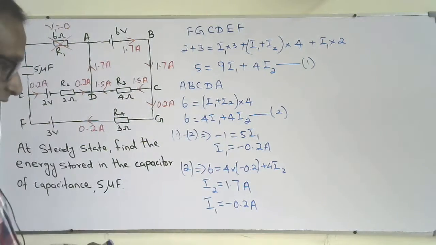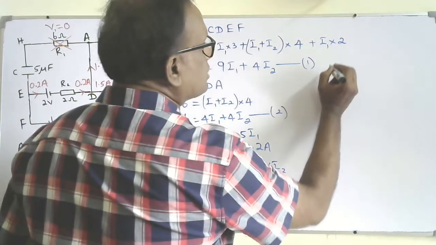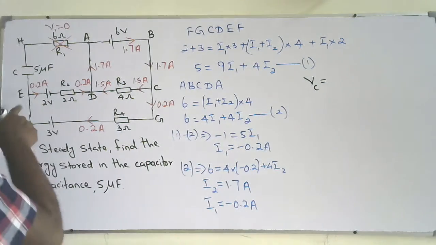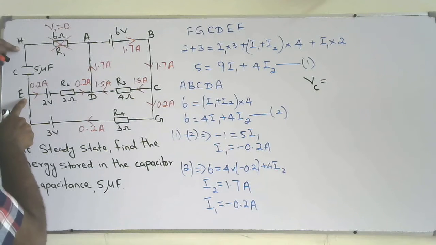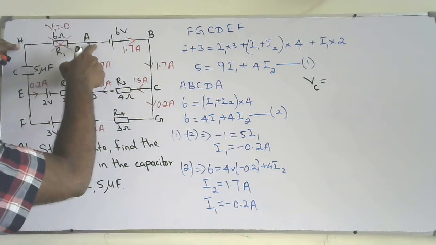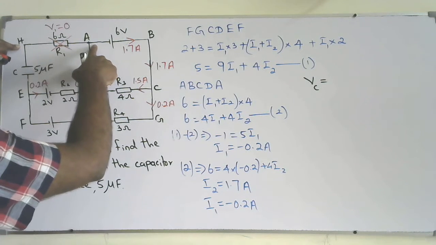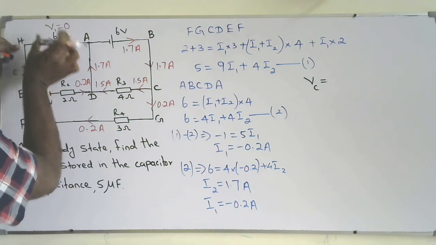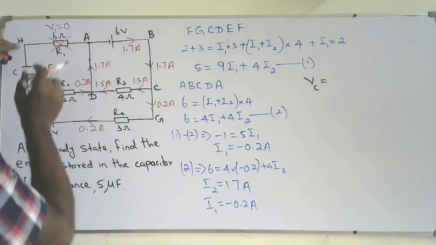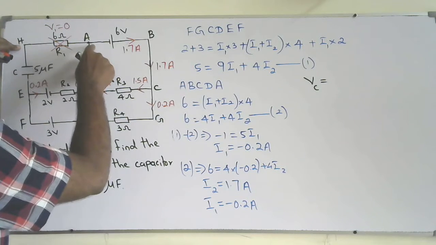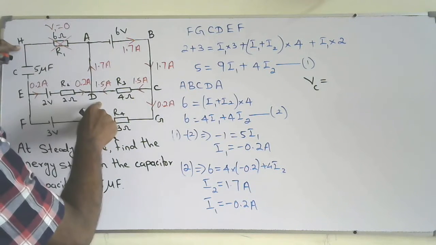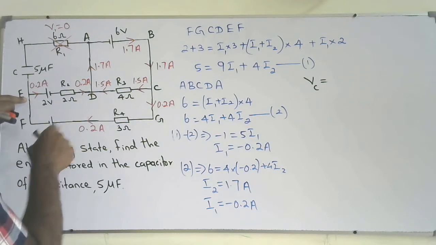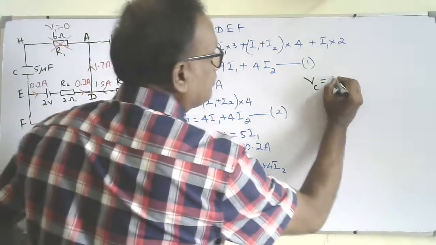I can call the voltage across the capacitor VC, which is equal to the voltage across E and H. But H and A have the same potential because there is no current flow, so the voltage across H and A is the same, and across A and D is the same. So the voltage across the capacitor is the same as the voltage across E and D.